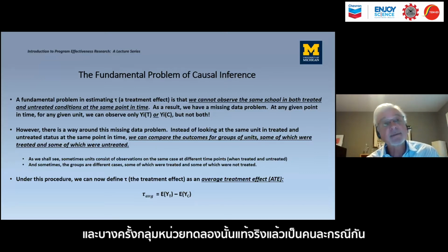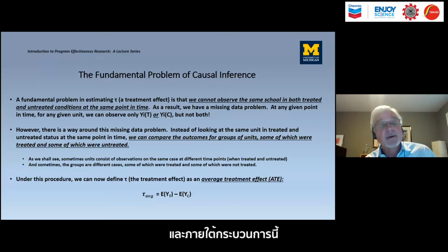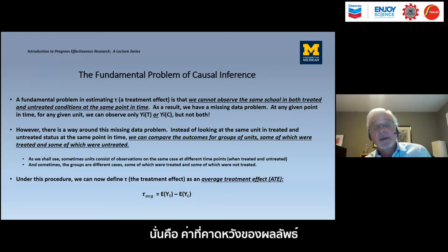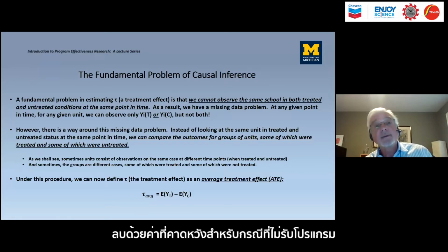And sometimes the groups of units are actually different cases, some of which were treated and some of which were not treated. Under this procedure, we now define the treatment effect as an average treatment effect. That is, the expected value of outcomes for treated units minus the expected value for units that are untreated.